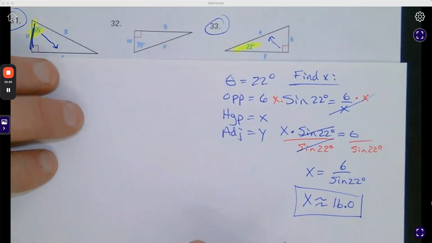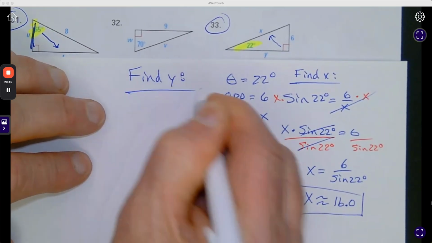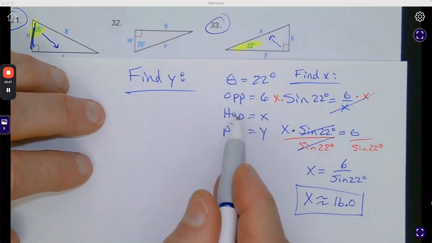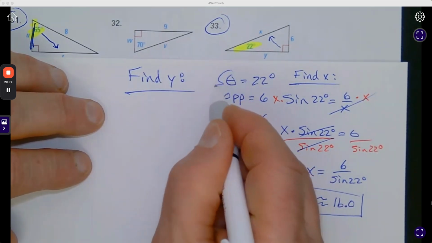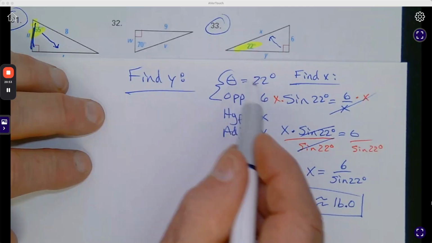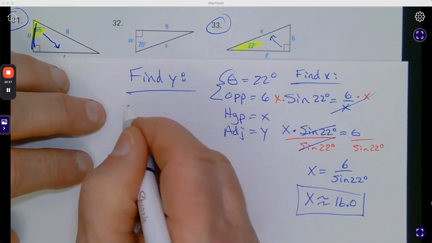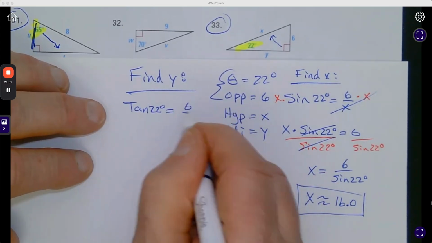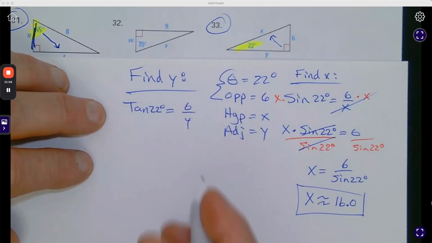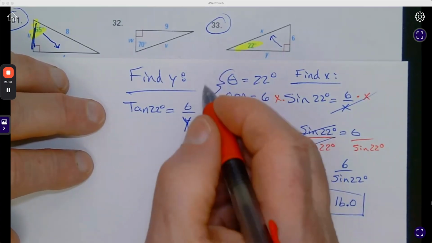Done. Okay, let's find the y value. Okay, y is adjacent and we have opposite. Notice how I always use the two things I have to find x and y. So opposite and adjacent is tan. So the tan of 22 degrees equals opposite over adjacent. That variable, that's not a 4, that's a y. The variable's in the denominator.